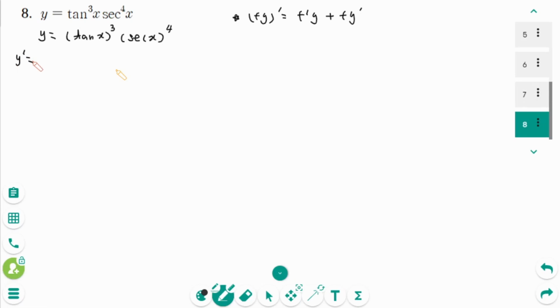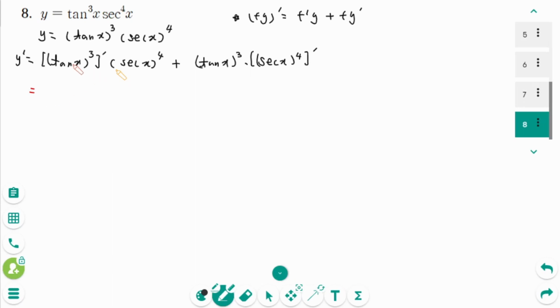Then y prime equals tangent x to the power of 3 prime times secant x to the power of 4 plus tangent x to the power of 3 times secant x to the power of 4 prime.